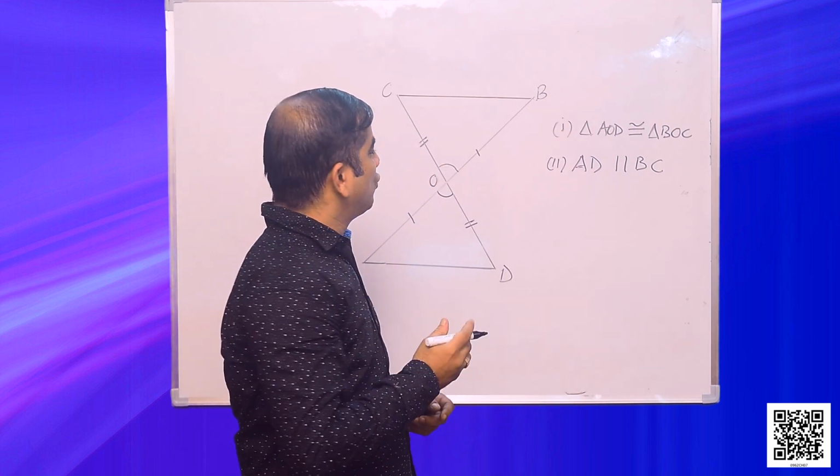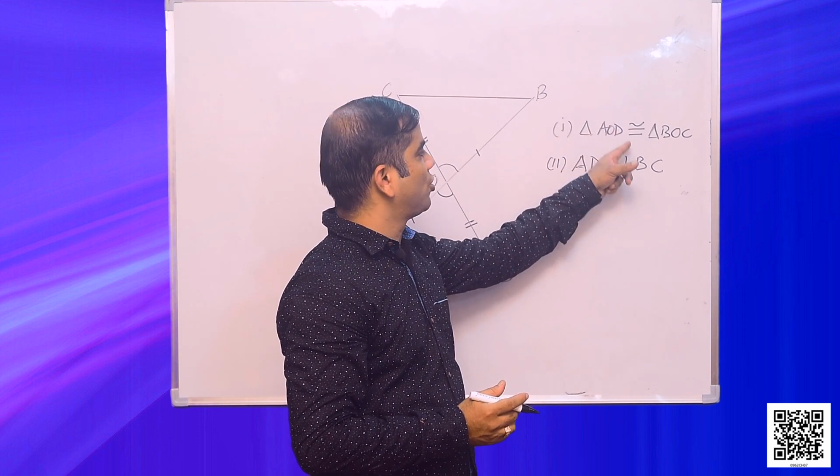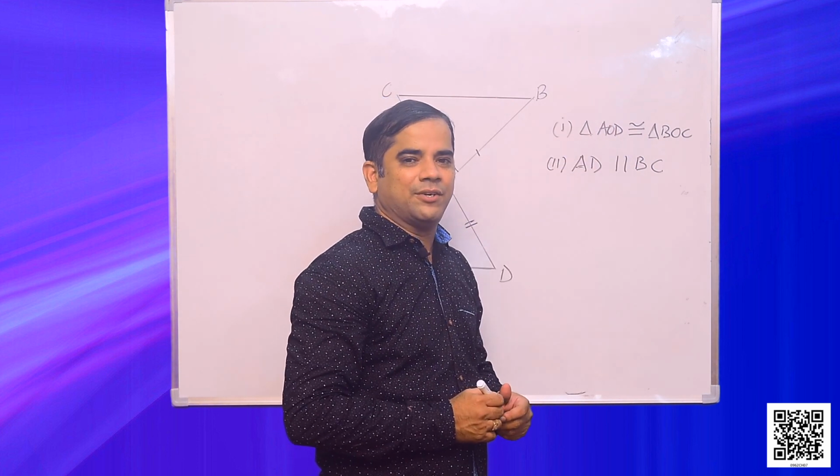So let us prove the first part first, that is, we need to prove triangle AOD is congruent to triangle BOC. Okay?